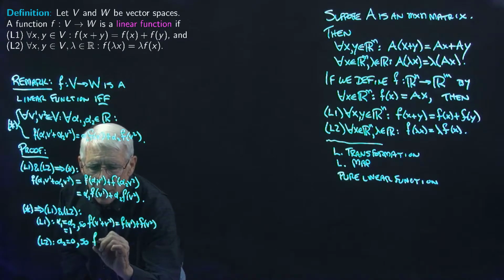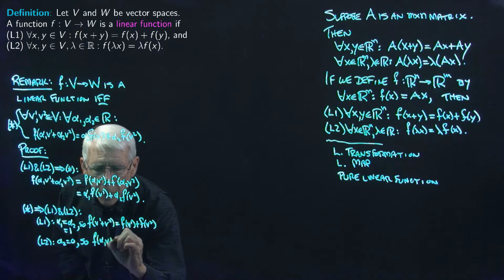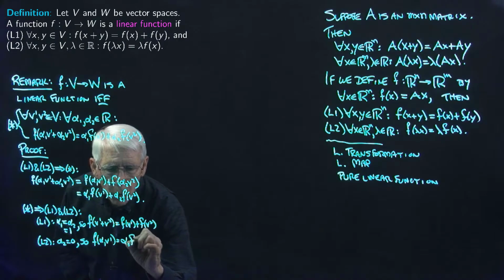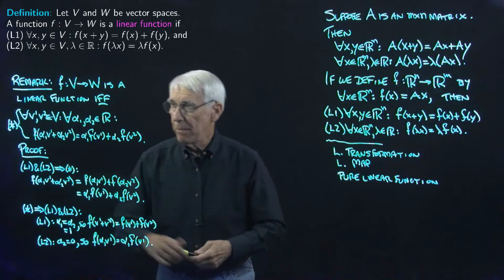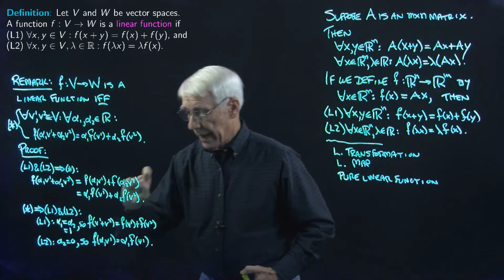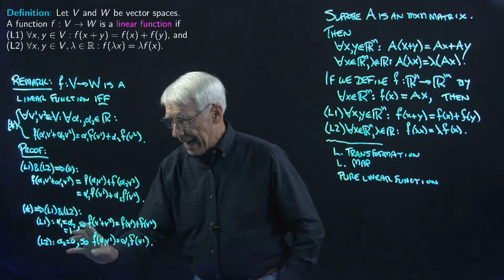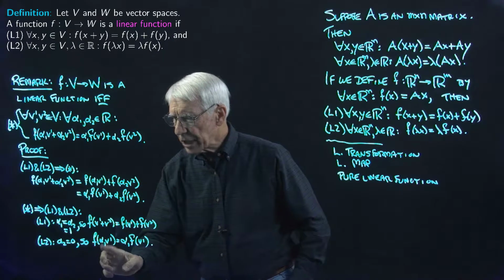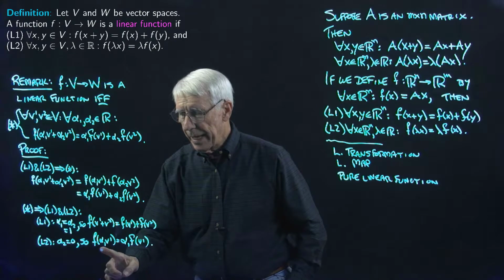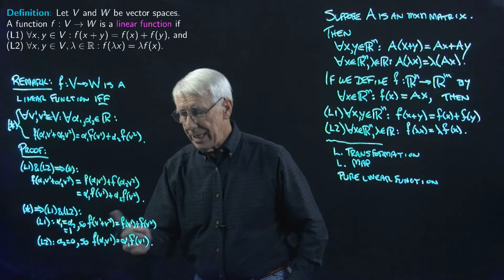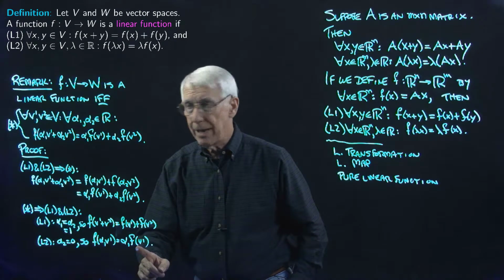So we have f of alpha 1 v1 is alpha 1 f of v1. So we've established L2, that if we have a scalar times a vector and we take f of that and get the image, then the image is going to be alpha 1 times the image of just v1.